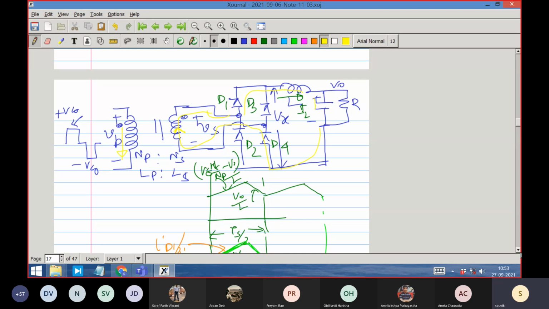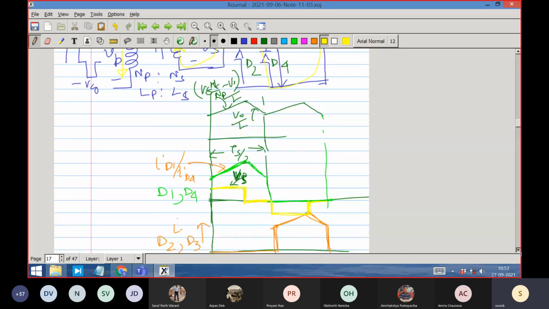What we call freewheeling: these zones are called freewheeling zones. Now let me put a black color. Freewheeling zones: when the voltage across the transformer is 0 and no power transfer occurs, this is called freewheeling.